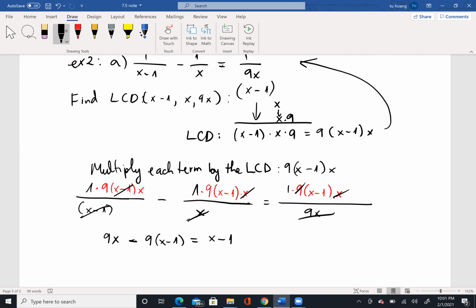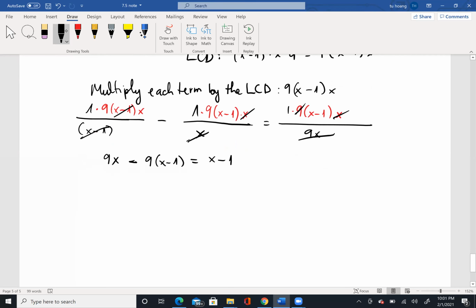So now I need to do distribution to open this parenthesis, right? So I have 9x minus 9x. Remember that I have negative 9, right? Negative 9 times x is going to be negative 9x. Negative 9 times negative 1 is going to be positive 9.